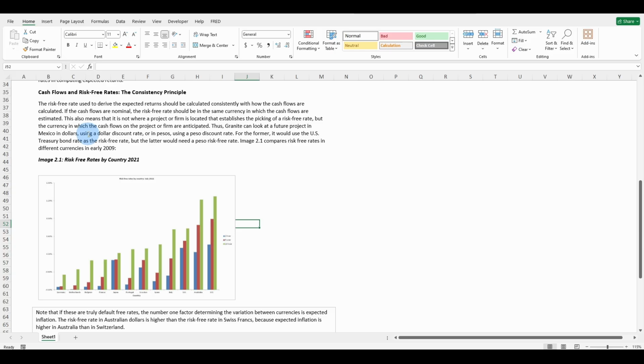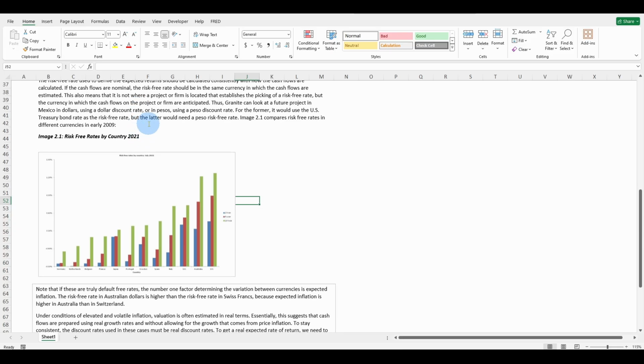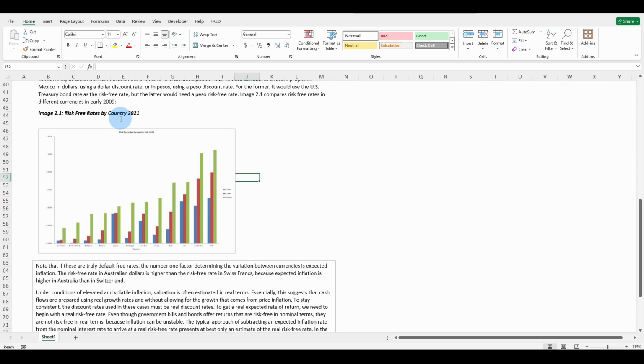Thus, Granite can look at a future project in Mexico in dollars using a dollar discount rate, or in pesos using a peso discount rate. For the former, it would use the U.S. Treasury bond rate as a risk-free rate, but the latter would need a peso risk-free rate. Image 2.1 compares risk-free rates in different currencies in early 2009.